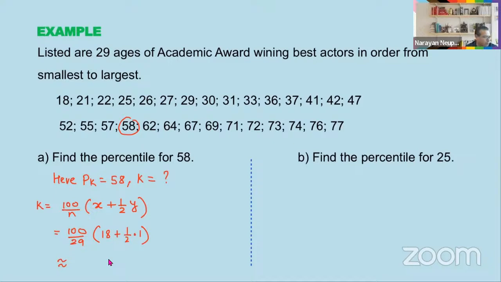What did you get? 60. Correct. Because we round to a whole number. So when you round it, it's 64. So the 64th percentile is 58. That is the meaning of that. Okay, if you have a question on this, let me know.